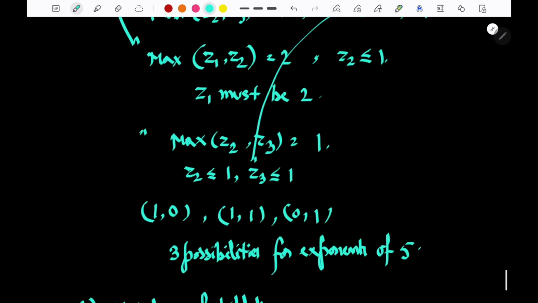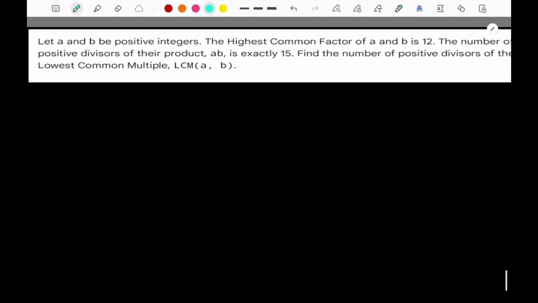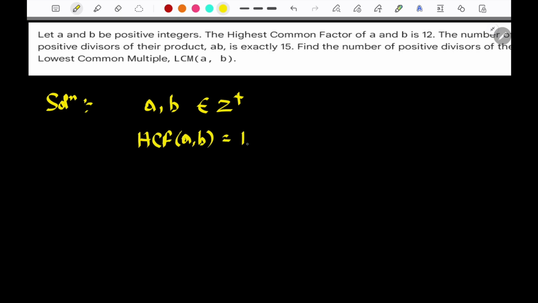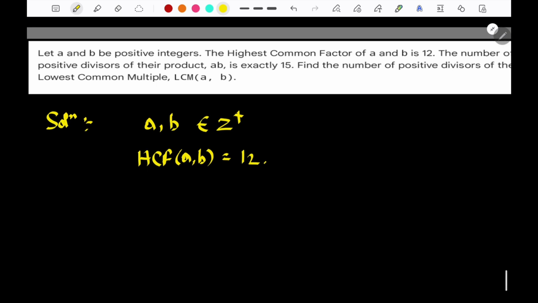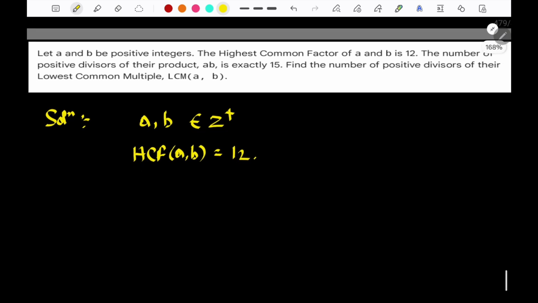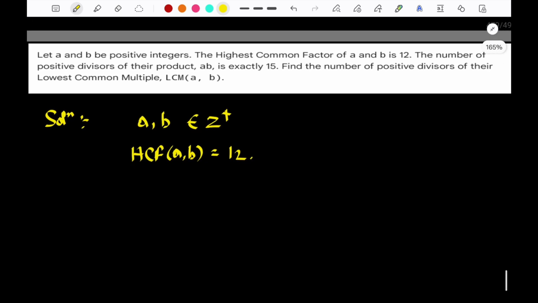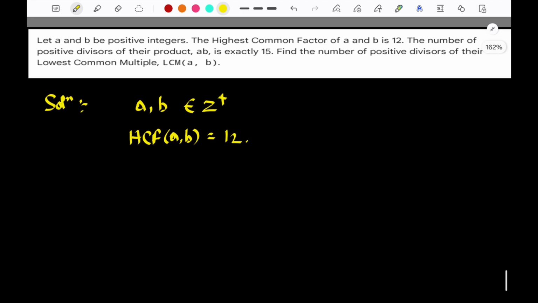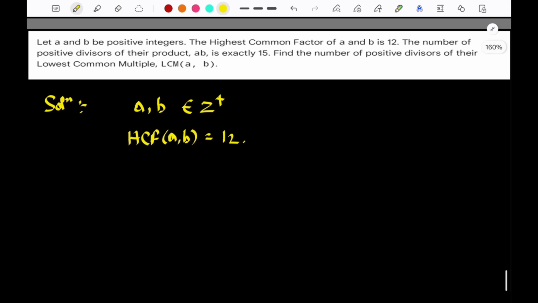Done. Now the next question says let A and B be positive integers. It means A, B belong to Z plus. The HCF of A, B is given as 12.